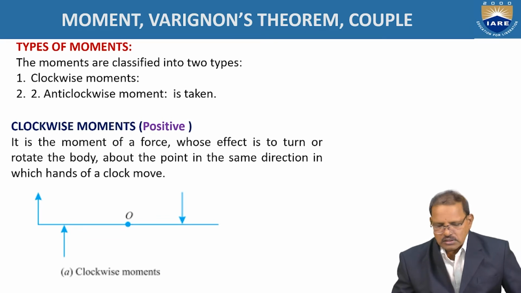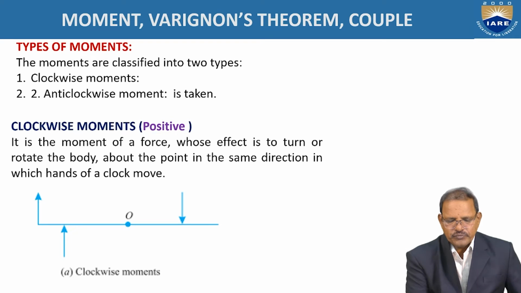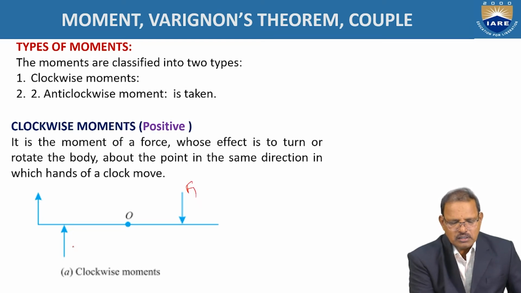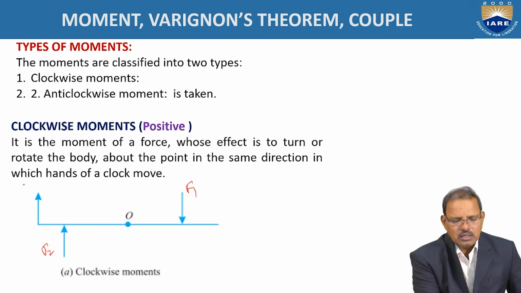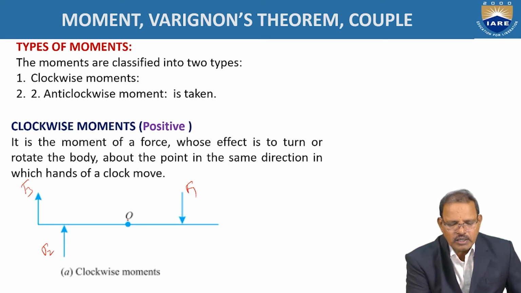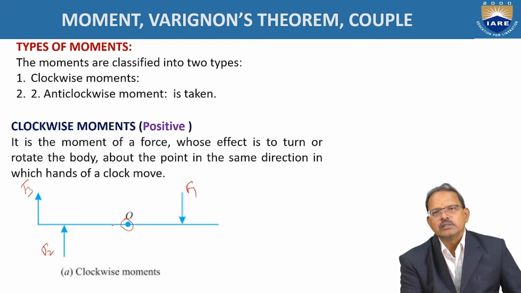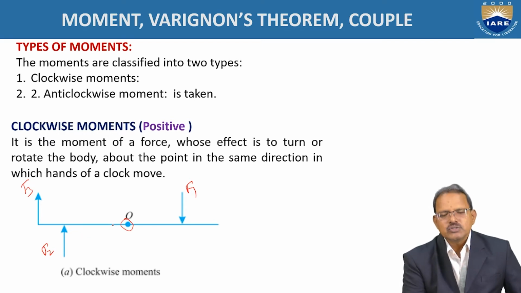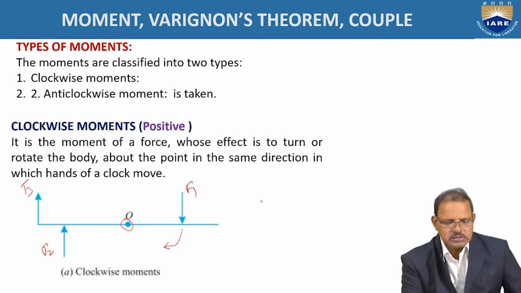If you take the forces here, F1, F2 and F3 are acting. We take the moment created by these forces F1, F2, F3 at point O. F1 tends to rotate the body in the clockwise direction.